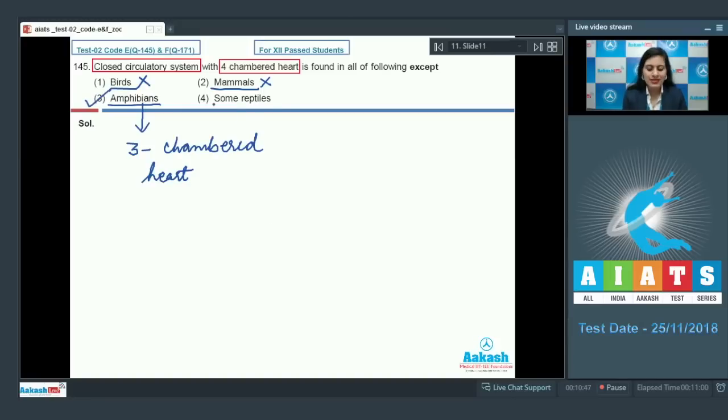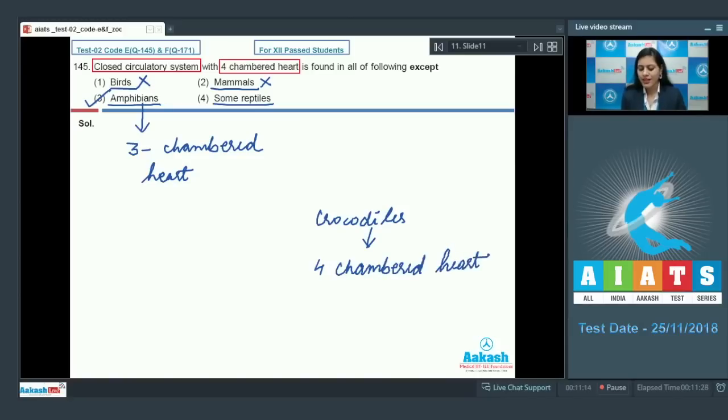Our next option is some reptiles, and in some reptiles like crocodiles, they have complete 4-chambered heart and closed circulatory system. So this cannot be a correct answer. So the correct answer for this question is option number 3. Let's discuss our next question.